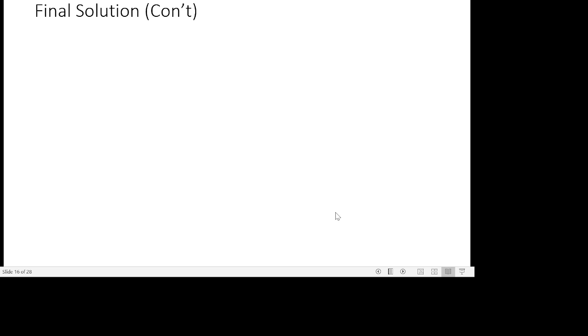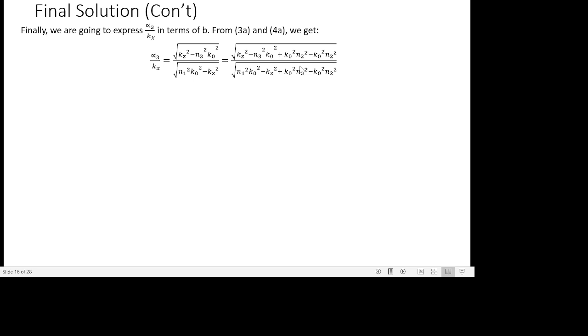And finally, we are going to simplify alpha 3 divided by kx, and we go through a similar procedure. We add to the top and bottom k log square n2 square and minus k log square times n2 square, so we are not going to affect the value of the top expression and the bottom expression.